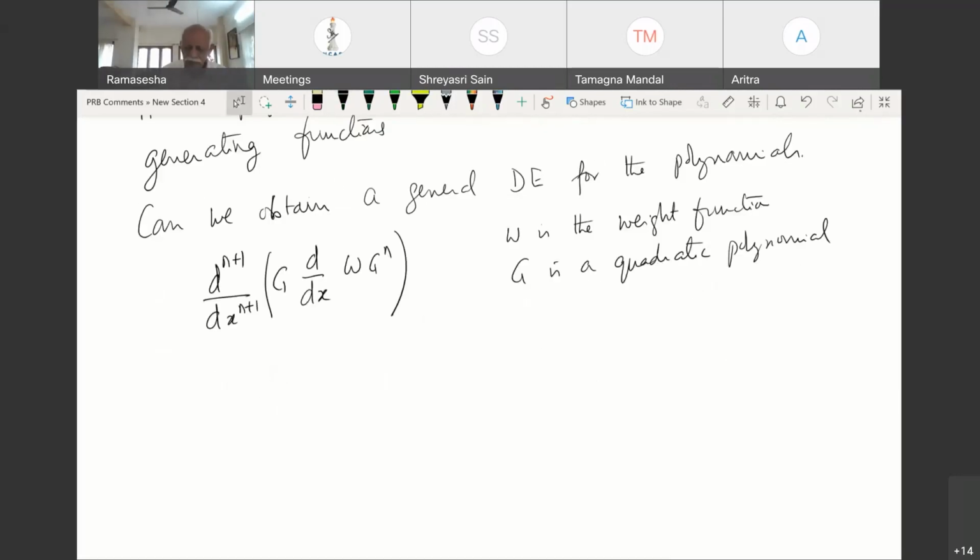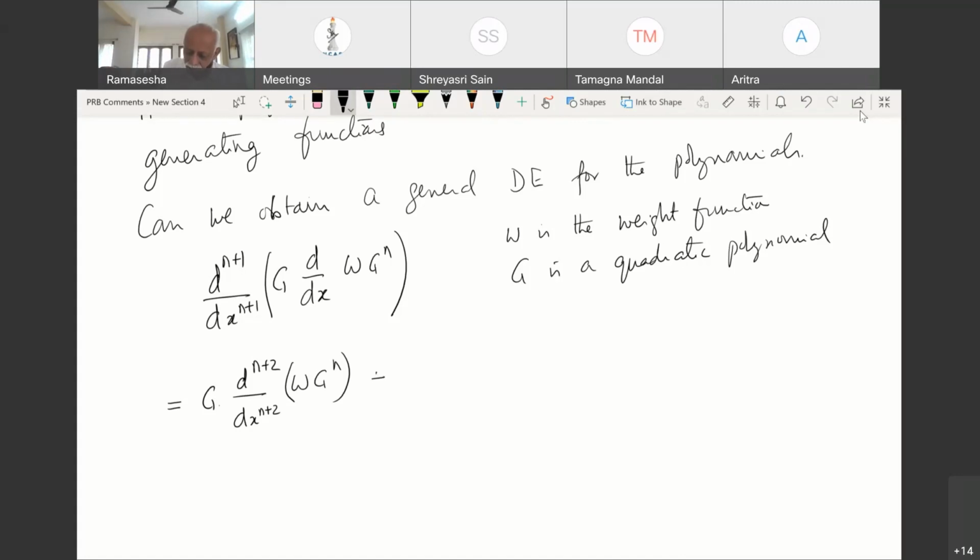One way of doing this is just straightforward differentiation: d to the power n plus 1 upon dx to the power n plus 1 of G d by dx of W G to the power n. So this I can write as follows. That is G times, I can take G out, d to the power n plus 2 upon dx to the power n plus 2 of W G to the power n. That will be the first term. I treated G as a constant, and everything else as the variable to be differentiated.